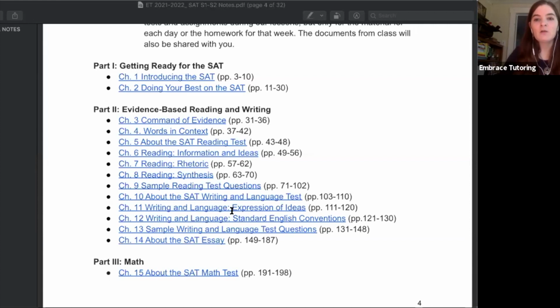Okay, so a lot of the things, like I said, this covers for the reading test passages. Key features include things like genre. And if you're not sure what genre is, please email me and we will go over it.